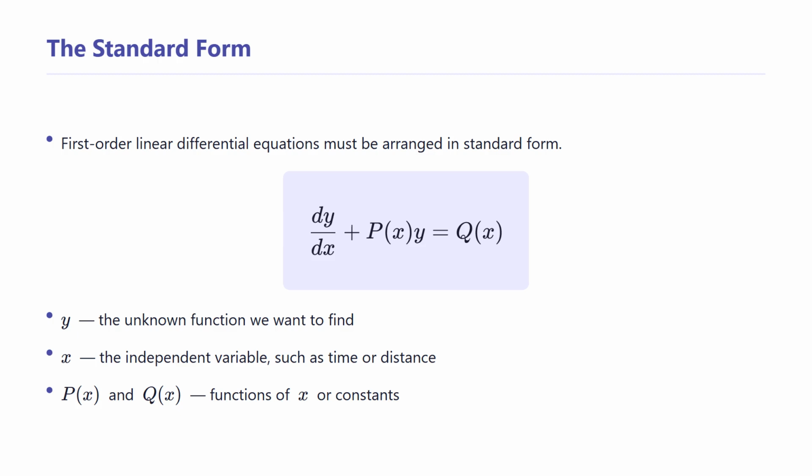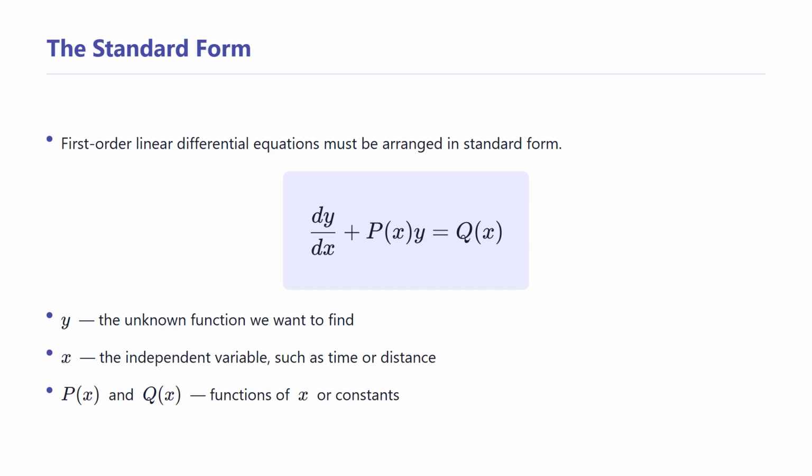Before we can find our magic multiplier, we must ensure our differential equation is organized properly. This brings us to the standard form. You must arrange your equation exactly like this, or the formula will give you the wrong answer. The symbol y represents the unknown function we are trying to find, and x is our independent variable, like time or distance.